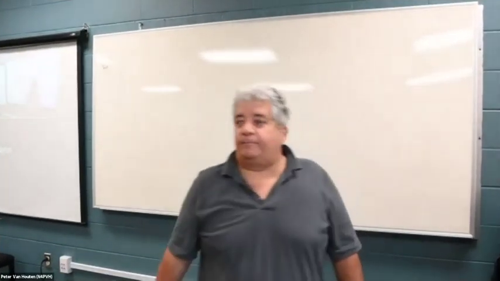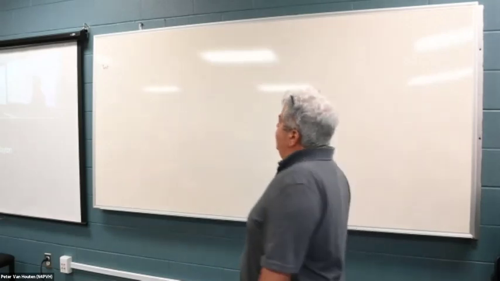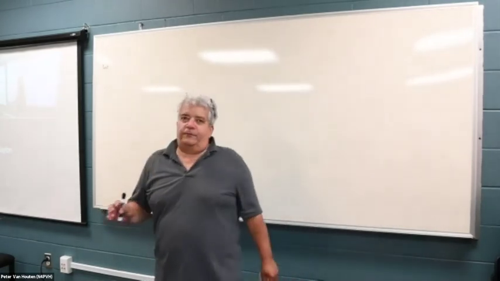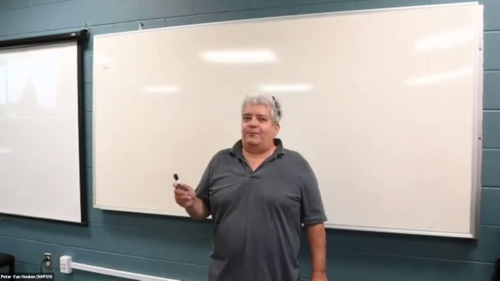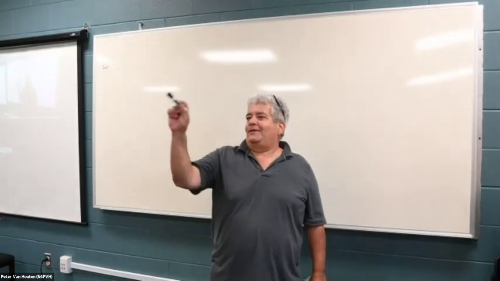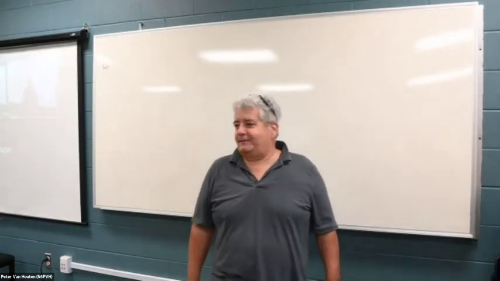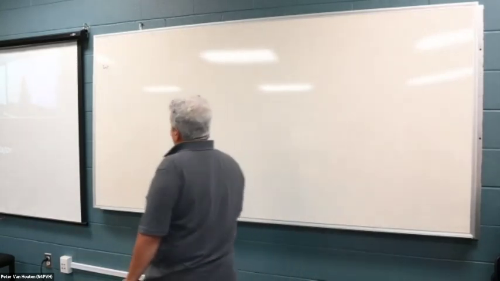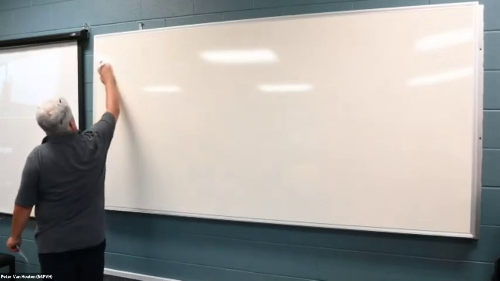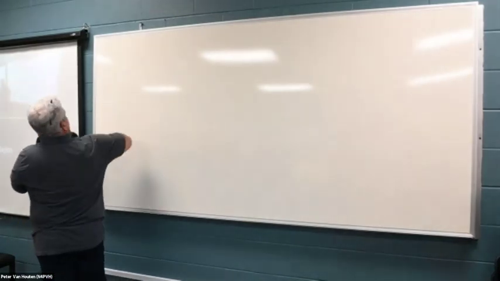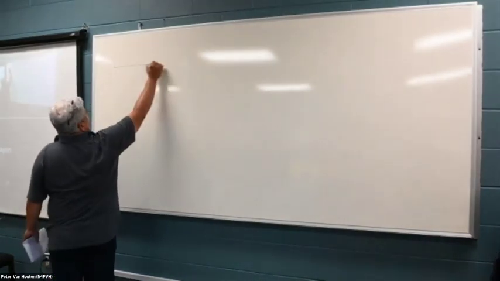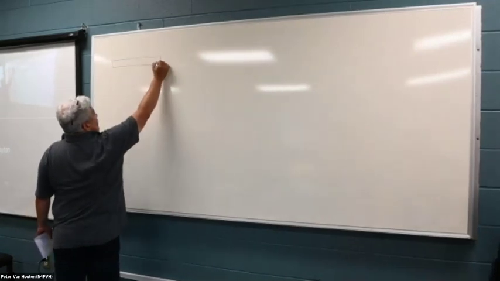Okay, let's do a short recount of what happened last time we had, using that little board over there, just so everybody comes up to speed. Last time we talked about the properties of a quarter wave line.